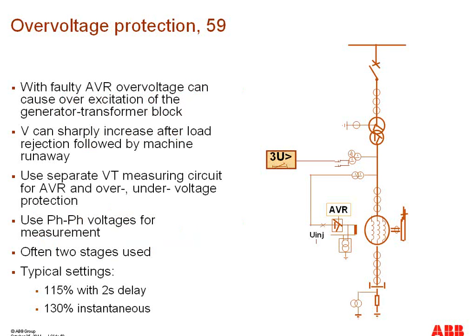Another type of protection is the over voltage protection. Over voltage protection is provided with inverse or definite time characteristics. Over voltage conditions will occur in the power system during abnormal conditions, such as sudden loss of power or tap changer regulating failures, or open line ends for long lines, for example.